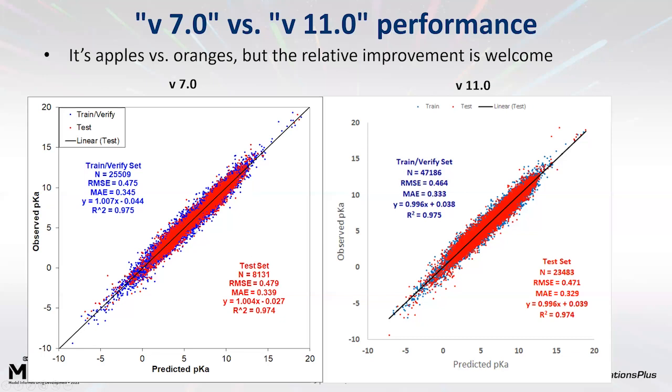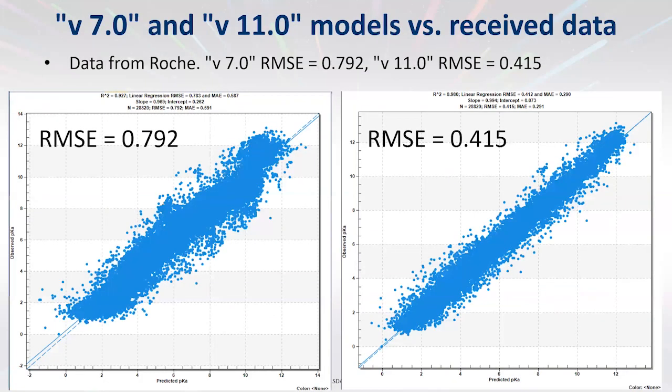This test set of 8,000 compounds was never involved in the training algorithm. So the RMSE values are comparative. It's slightly better in version 11, also on the test set. So we're happy.